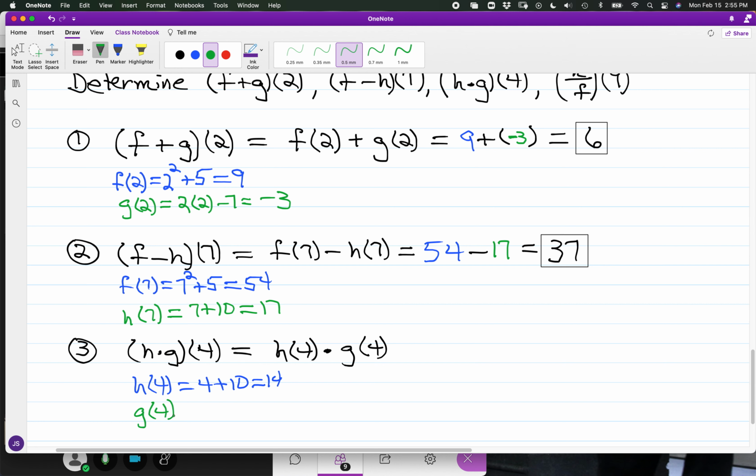And for g of 4, g of x is 2x minus 7, so we have 2 times 4 minus 7. 2 times 4 is 8. 8 minus 7 is 1. And so this will become 14 times 1. So for h times g of 4, this is going to be 14.